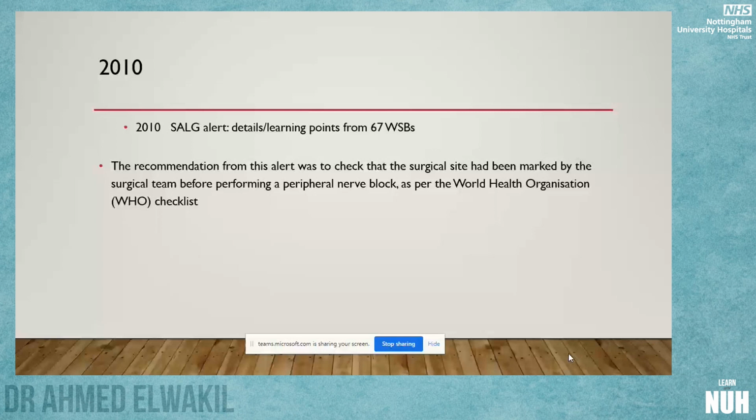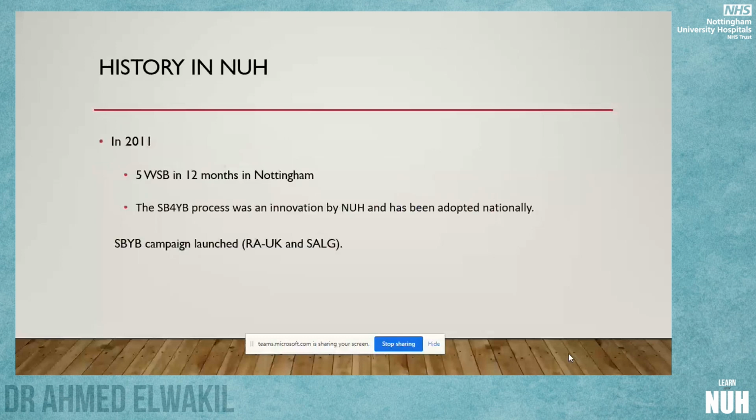The recommendation from this alert was to check that the surgical site had been marked by the surgical team before performing any peripheral nerve block, as per the WHO checklist. And in Nottingham, in 2011, there was an incident of 5 reported wrong-sided block cases over 12 months.